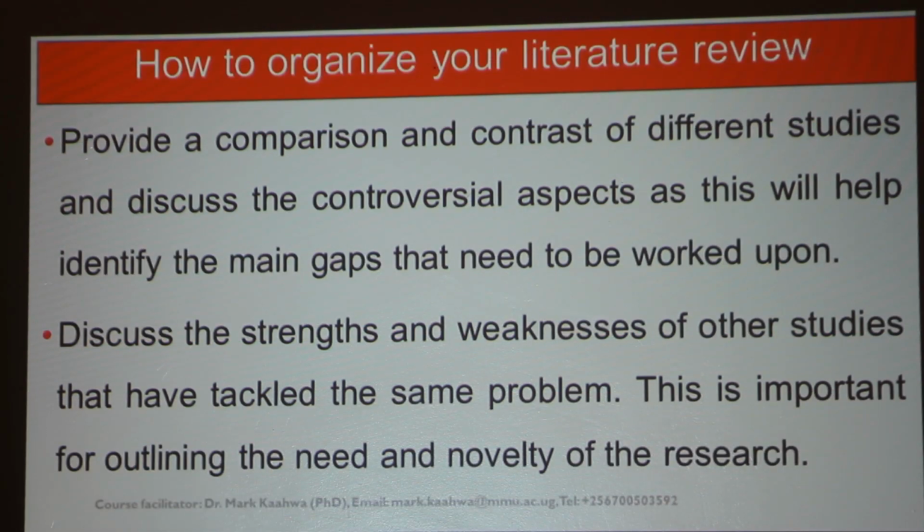Now, we say that you provide a comparison and contrast of different studies and discuss the controversial aspects, and this will help identify the main gaps that need to be worked upon. Discuss the strengths and weaknesses of other studies that have tackled the same problem. This is important for outlining the need and novelty of the research.